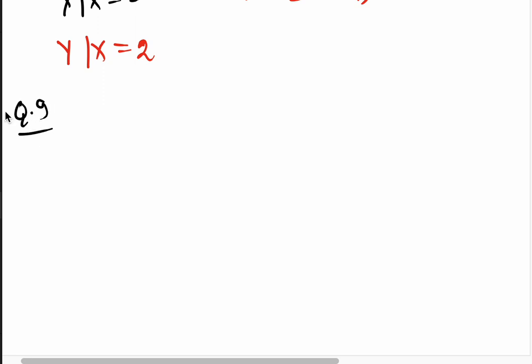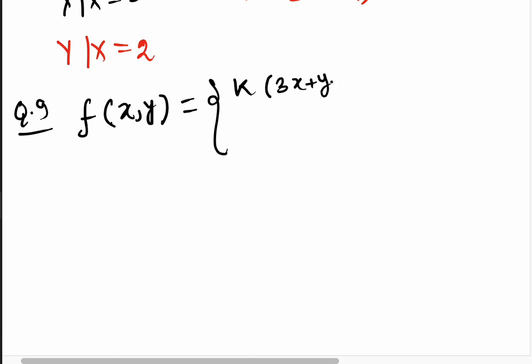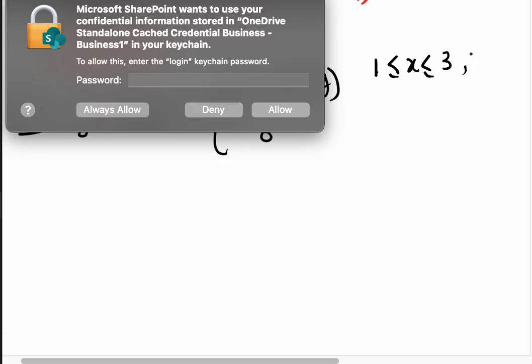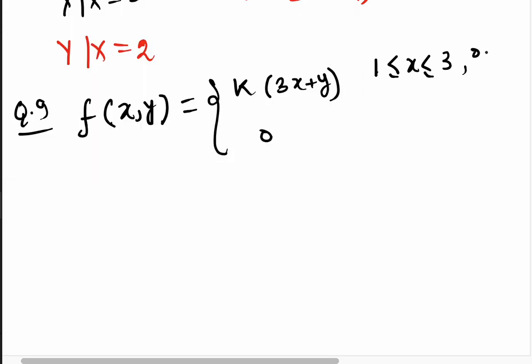Question 9: there is a given joint probability distribution f of x y equal to k times 3x plus y, where 1 less than or equal to x less than or equal to 3 and 0 less than or equal to y less than or equal to 2, and 0 elsewhere.